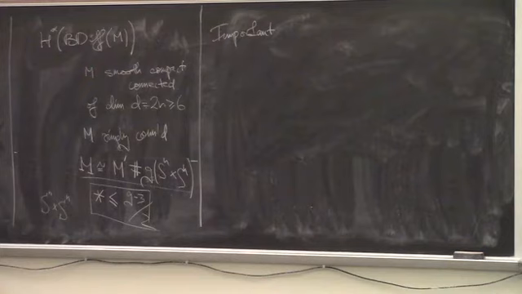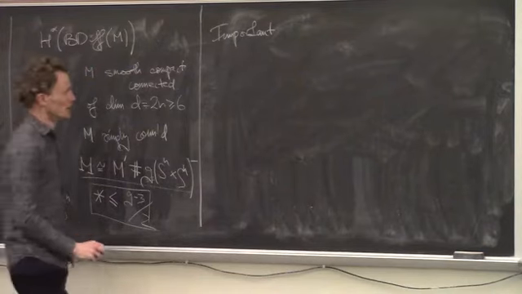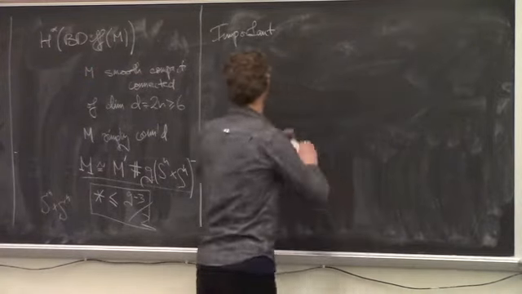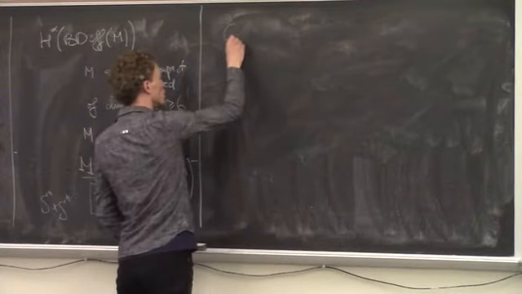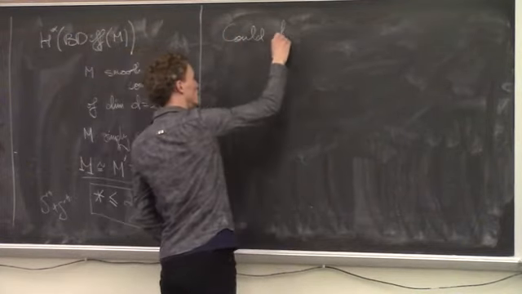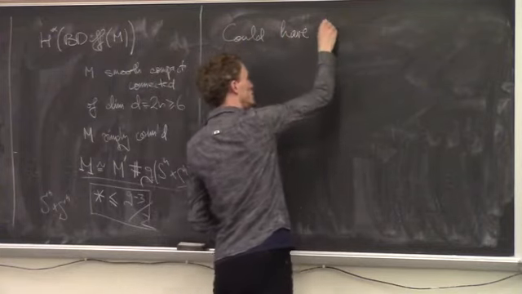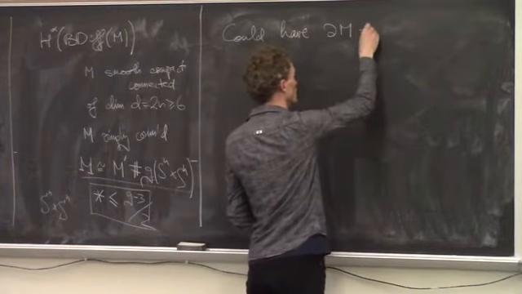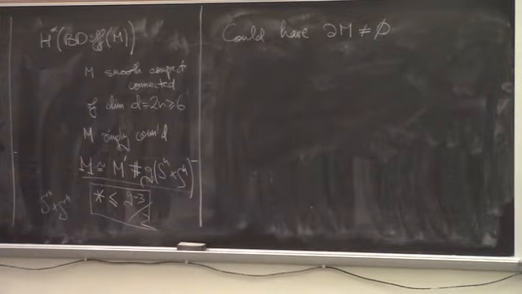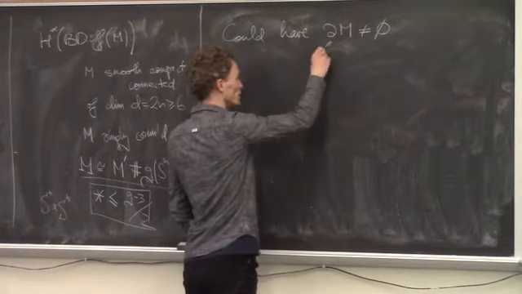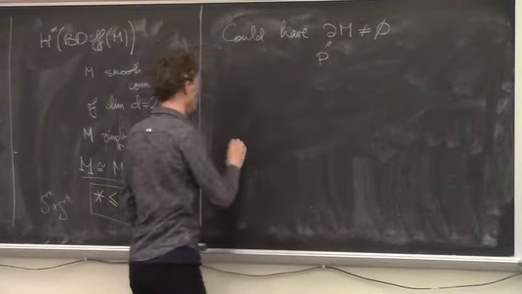Oh, M could have boundary, by the way. Say that. It could have boundary, or be empty. Compactness is important, but it doesn't need to be closed.